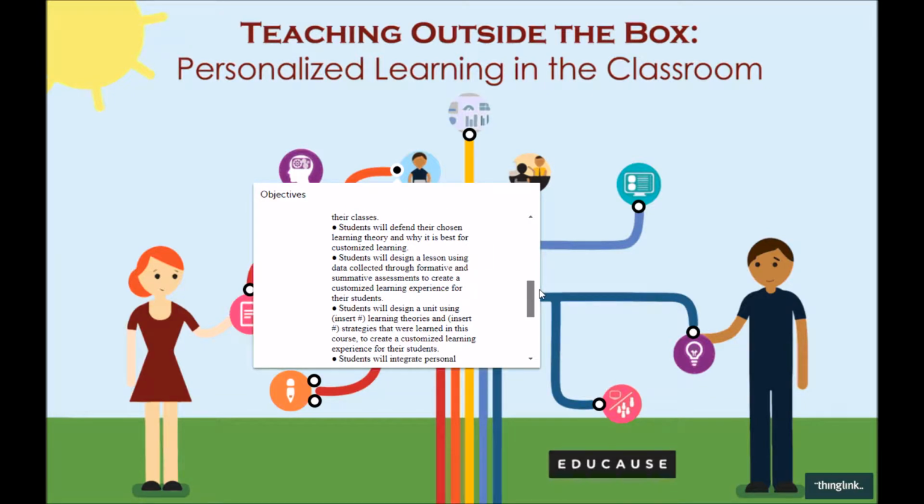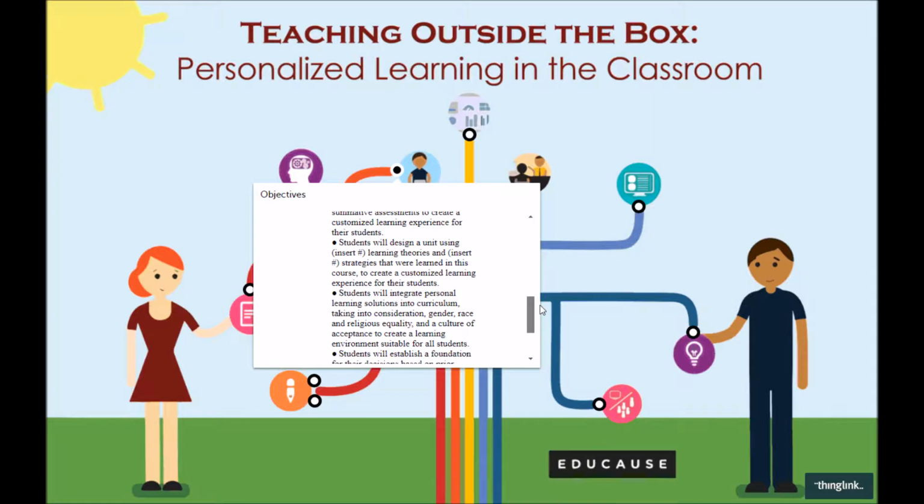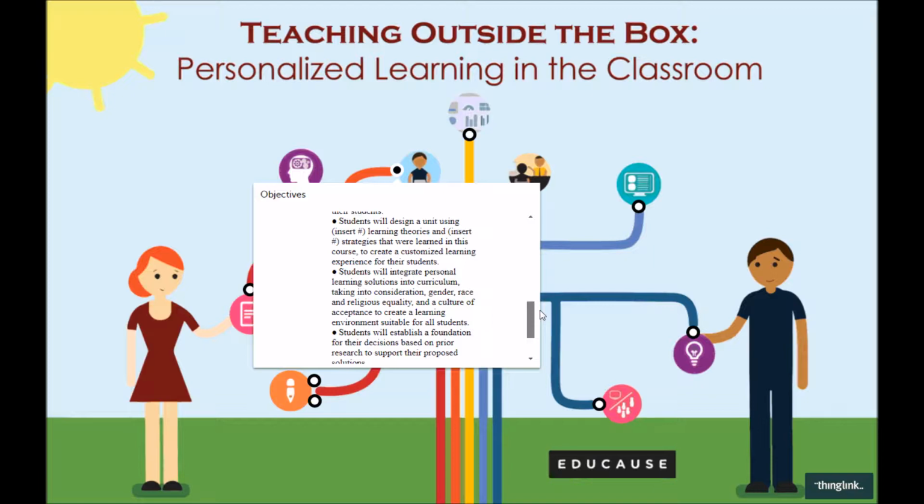Students will design a lesson using data collected through formative and summative assessments to create a customized learning experience for their students. Students will design a unit using however many learning theories and strategies were learned in this course to create a customized learning experience for their students.